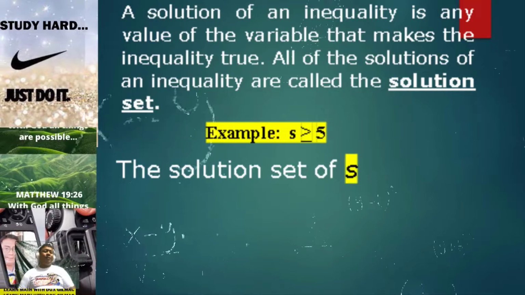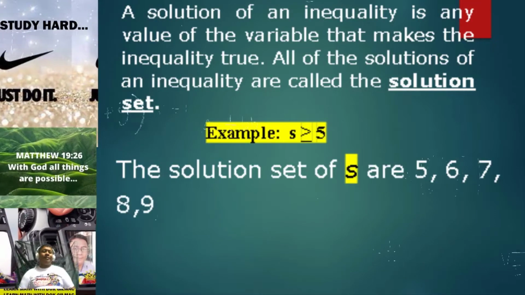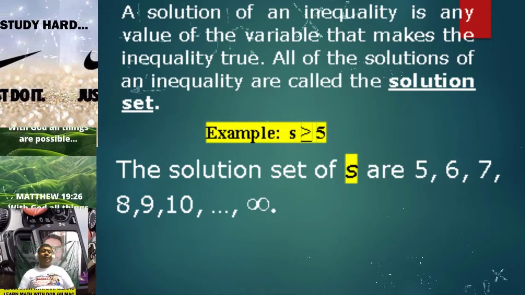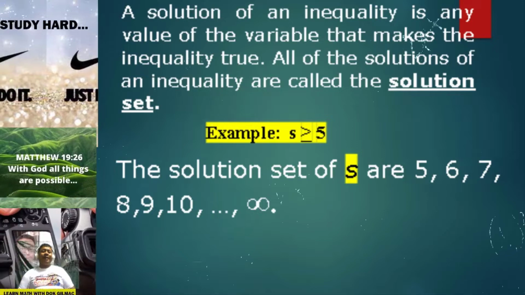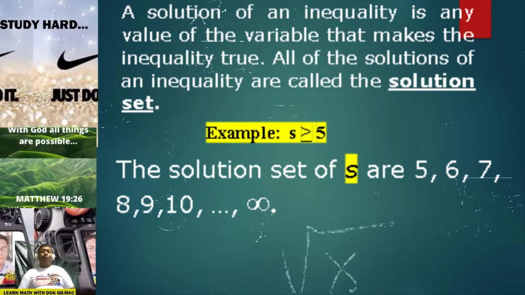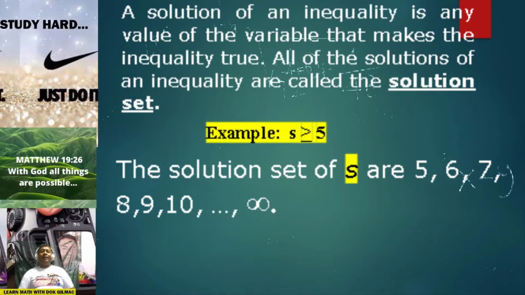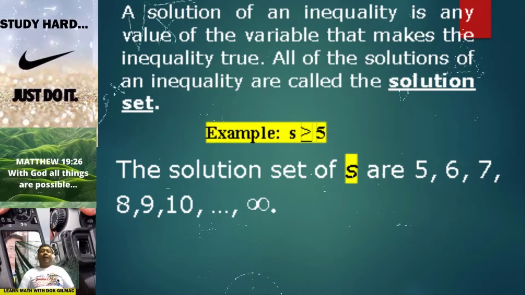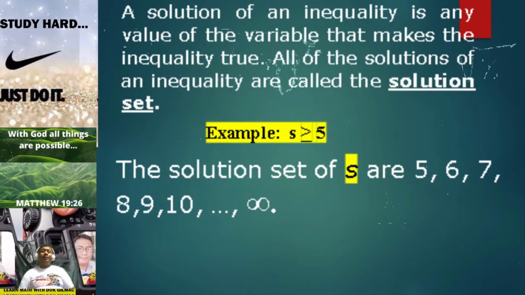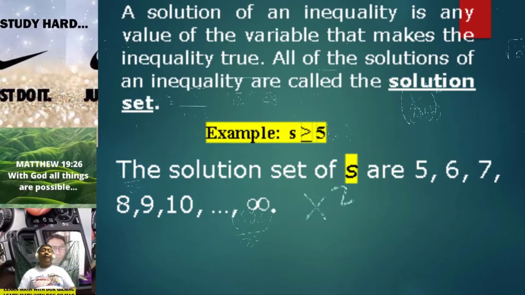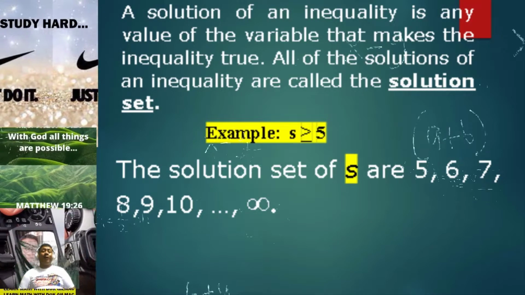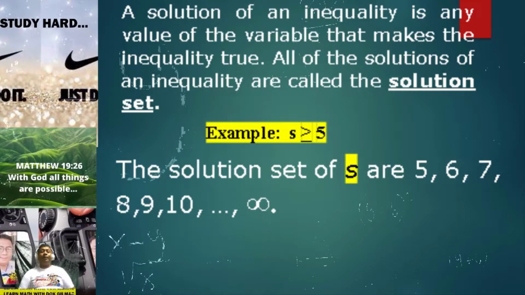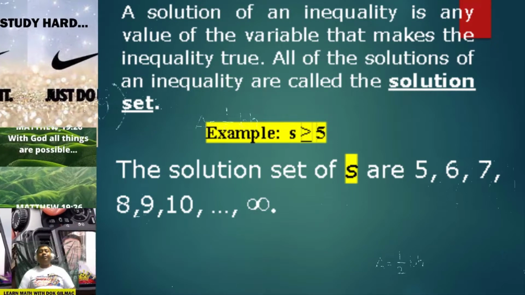The solution set of S are 5, 6, 7, 8, 9, 10 up to positive infinity. These sets of numbers are numbers that are greater than or equal to 5. Take note of that.